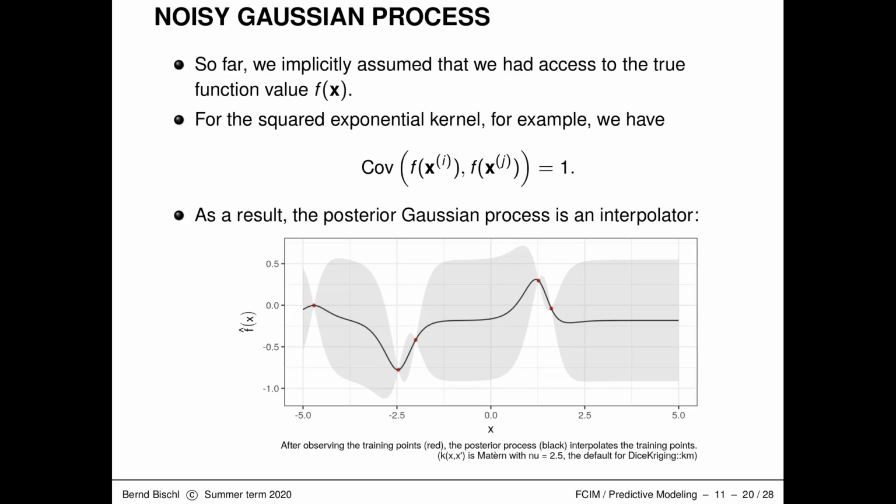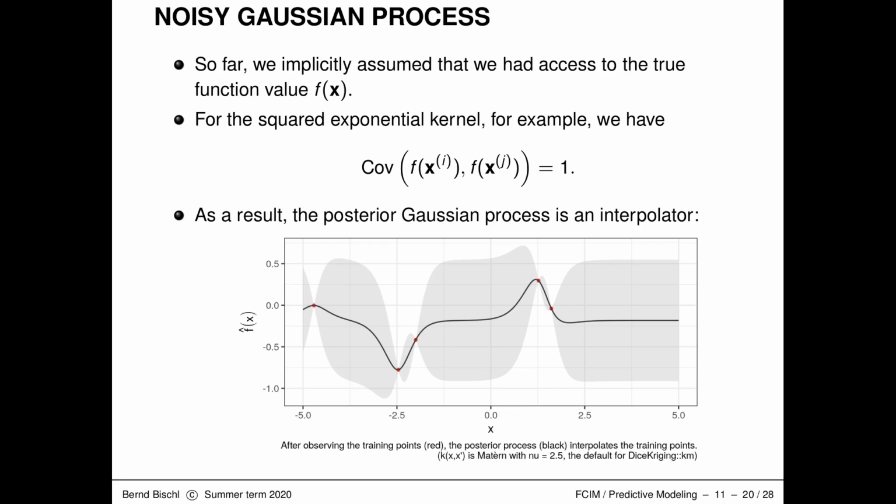Now let's generalize this to noisy observations. As I've said, we implicitly assumed that we had access to true function values at training time without any measurement noise. For the squared exponential kernel, that implied that the covariance between the outcome at location i and the outcome at location j is exactly 1, for fully observed training observations.